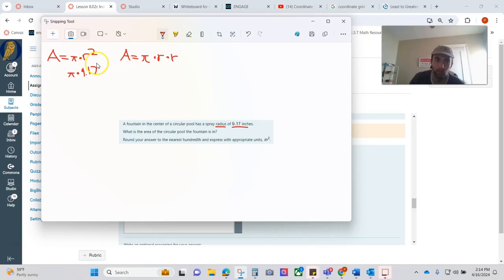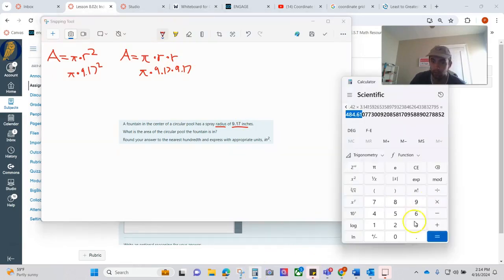Pi times 9.17 squared, or rewriting that same equation in a more expanded way, 9.17 squared means 9.17 times itself. So let's see what that is. 9.17 times 9.17 equals, times by pi equals, rounds to the nearest hundredth.